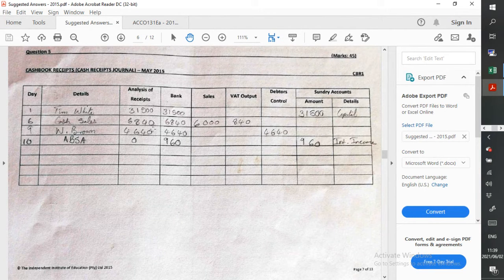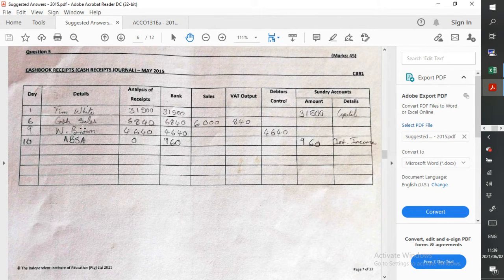Happened on the 6th in relation to your cash receipts journal. It says cash sales recorded per cash register till 6,800. So we know that somebody walked into the store and bought for cash. So under details, cash sales, guys, some of you were just writing cash in the test.